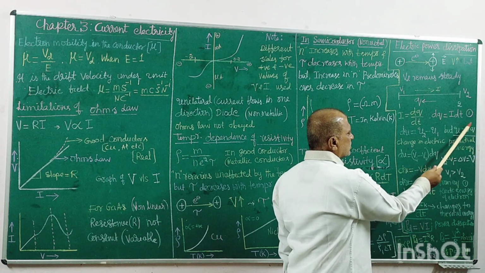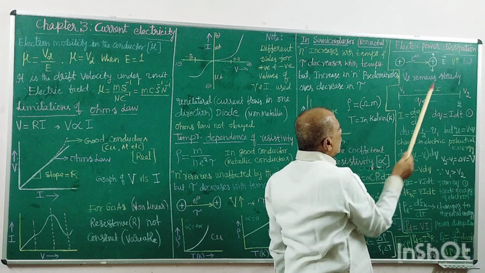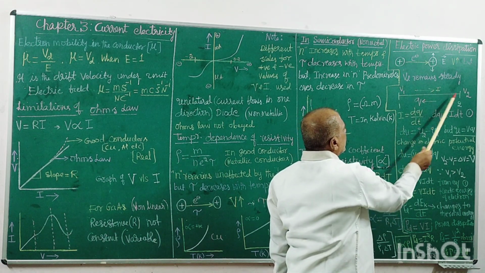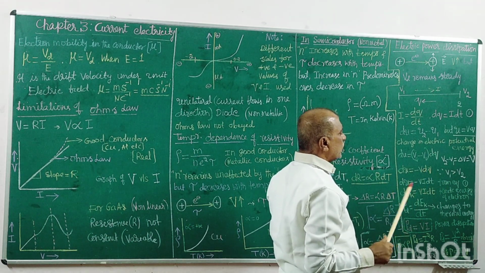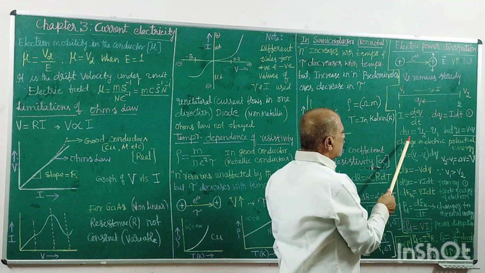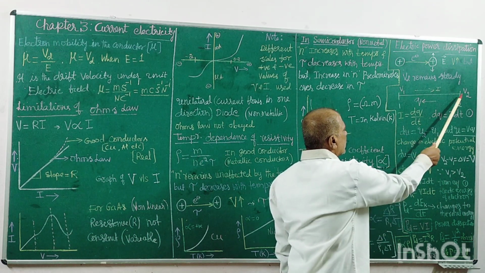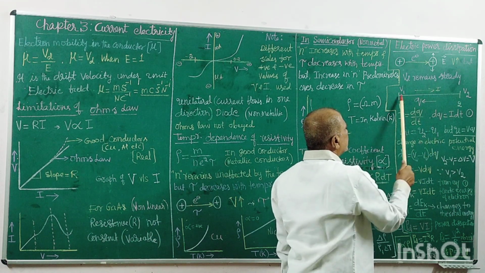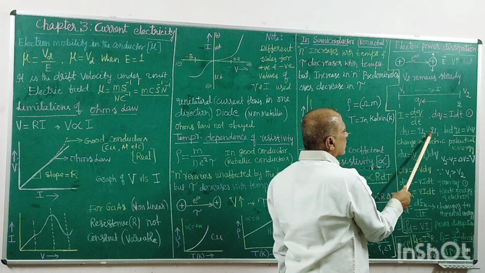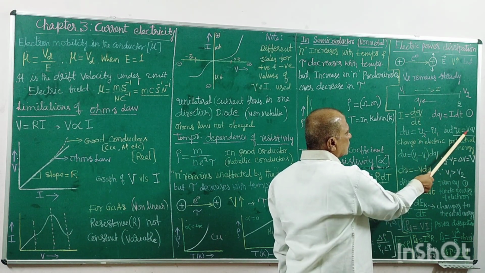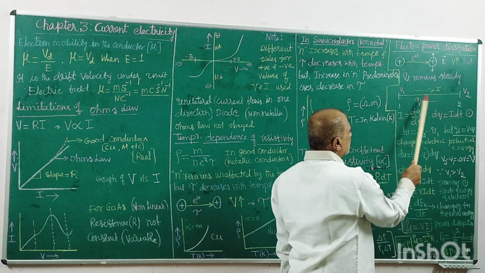Recall this from electrostatics. When current flows from one end to the other, there is a change in electric potential energy. What is the change? dU is the final minus initial potential energy. Here V is delta V, the potential difference applied.